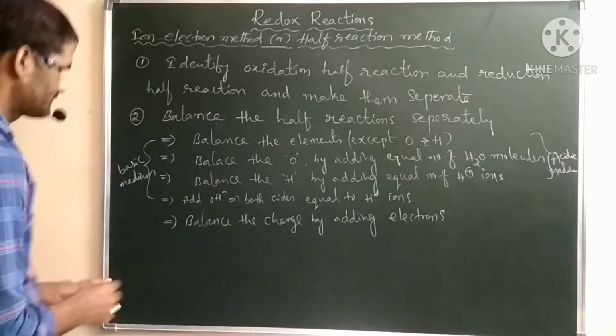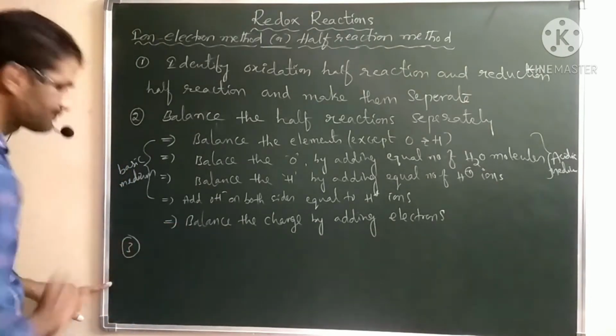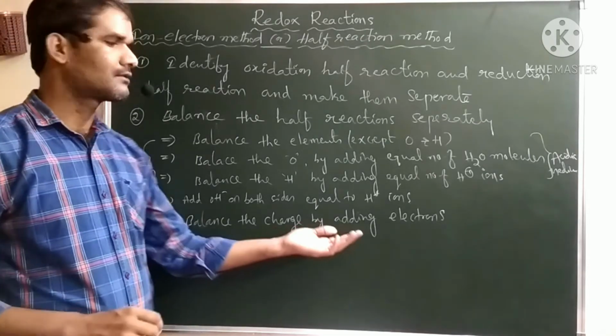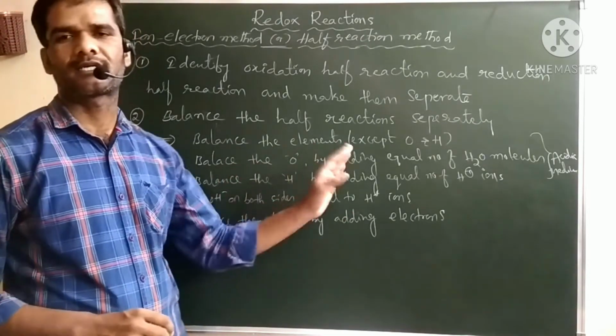And after that, the third step. Sometimes we may get a different number of electrons in the first half reaction and the second half reaction.